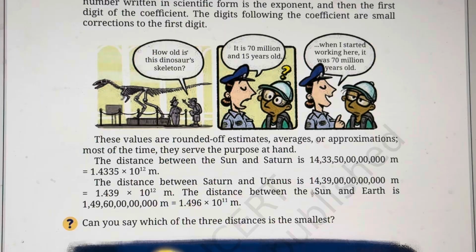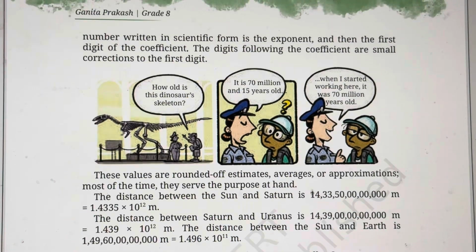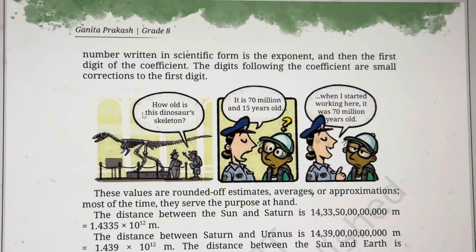So that is why in the scientific form, the exponent is more important than the first digit of the coefficient. The digits following the coefficient are small corrections to the first digits. They may not make much difference while talking about them.